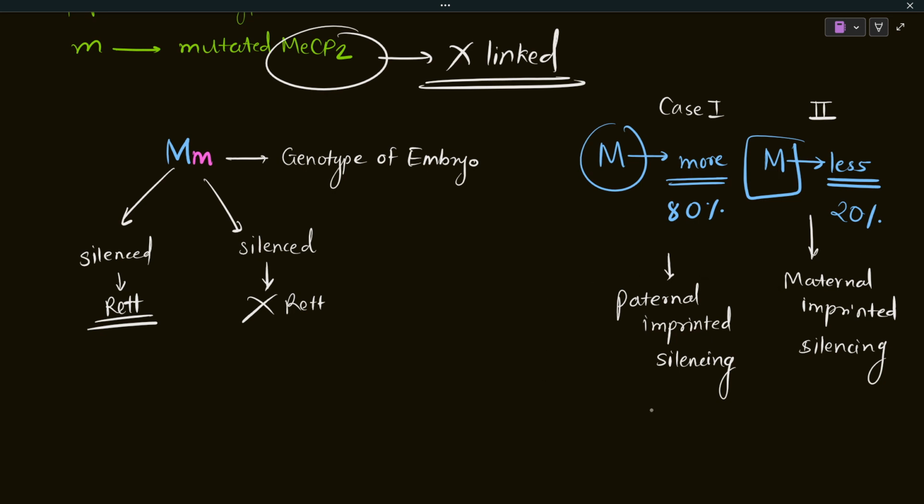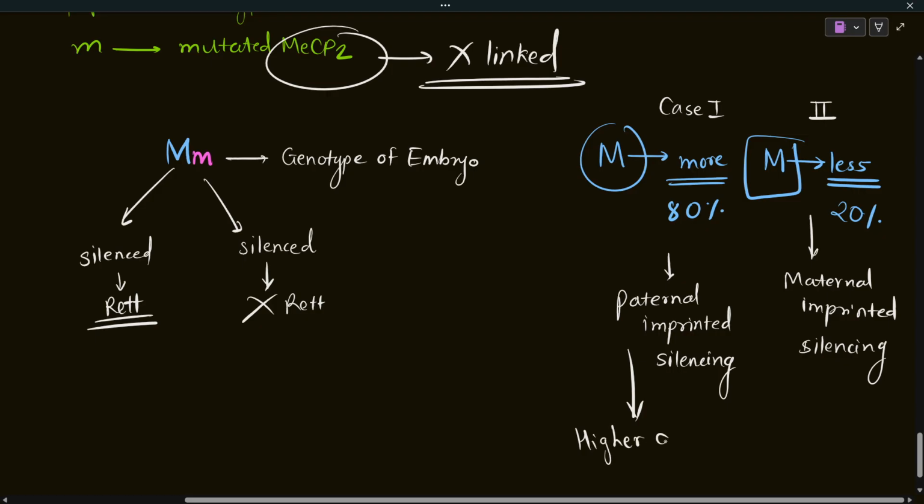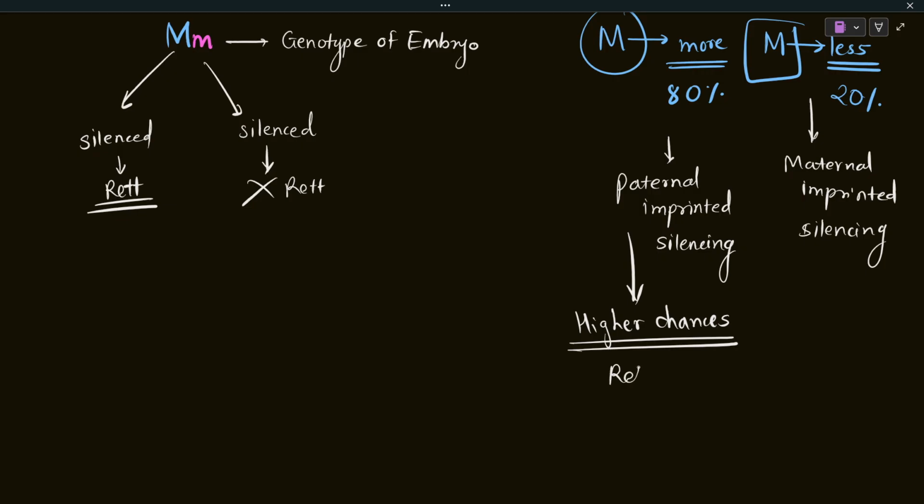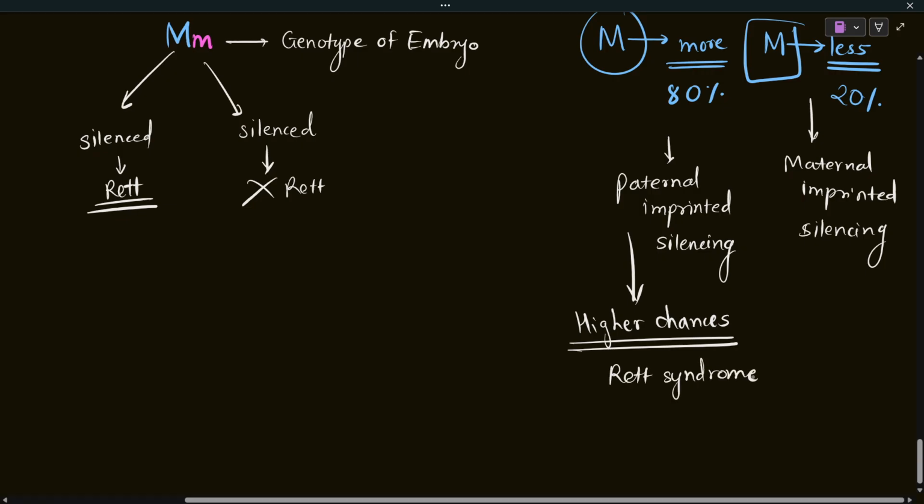In case 1, where the paternal copy could be silenced, there are higher chances of Rett syndrome in the baby. The probability that the baby would develop Rett syndrome will be higher if there is paternal imprinted silencing.